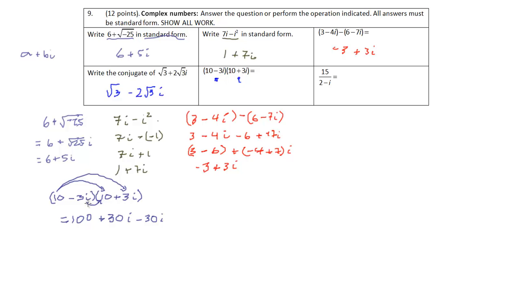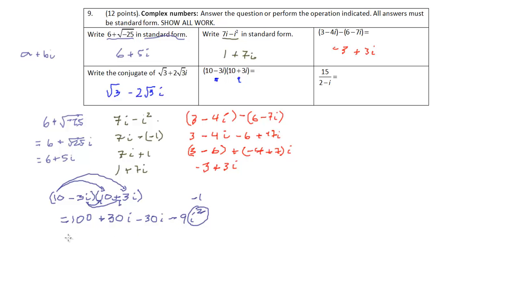And then finally, minus 3i times positive 3i, which is minus 9i squared. i squared is -1. So this is plus 9.